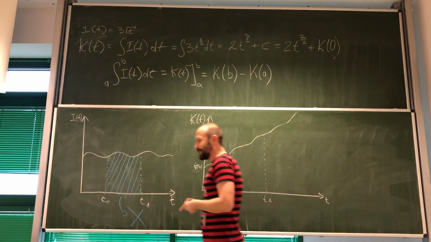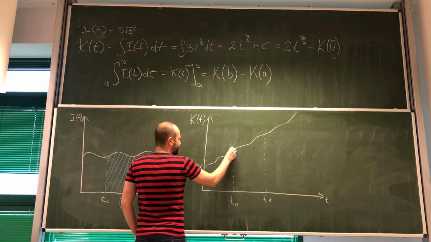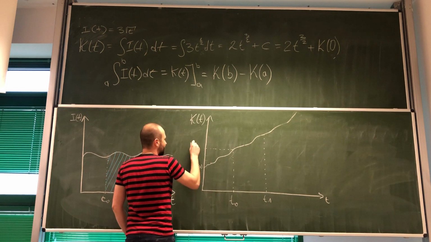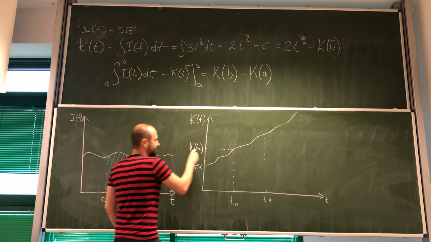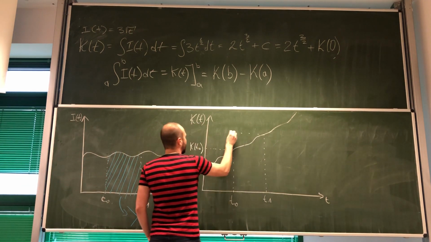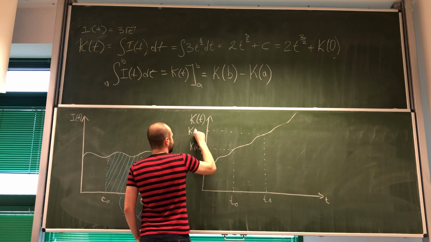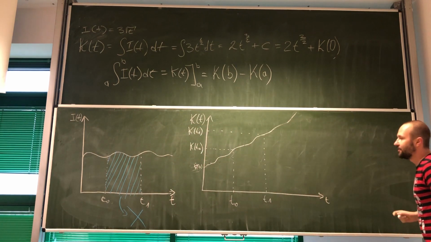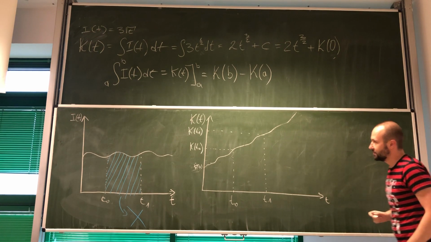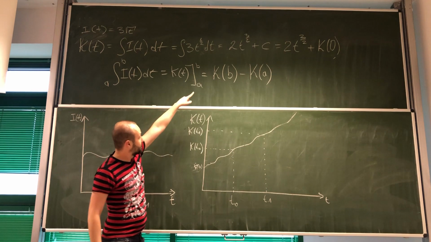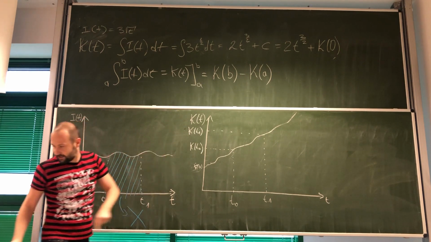So look, if the level of capital in this economy at time t0 was k(t0), and at time t1 it was k(t1), by how much has the level of capital increased? Well, by k(t1) minus k(t0).